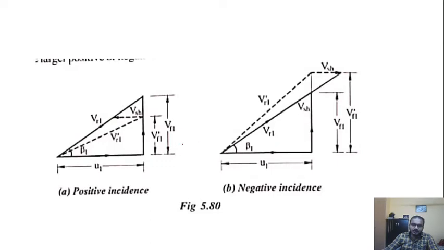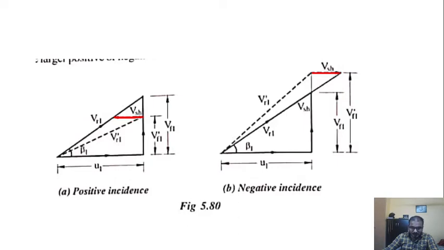And one more thing that we can see is that because of this variation in the velocity triangle due to the incidence, there is a shock generated here. As you can see in this figure, this shock velocity component is developed here and here also. So this will incur further losses.